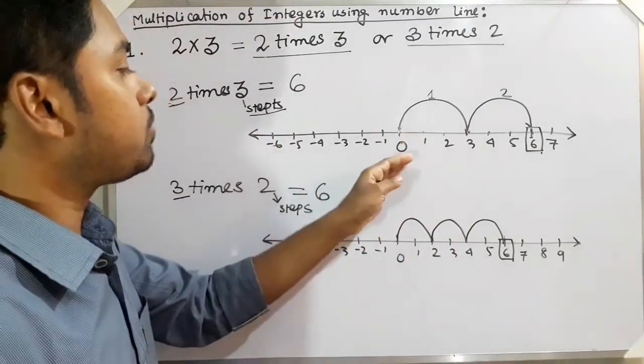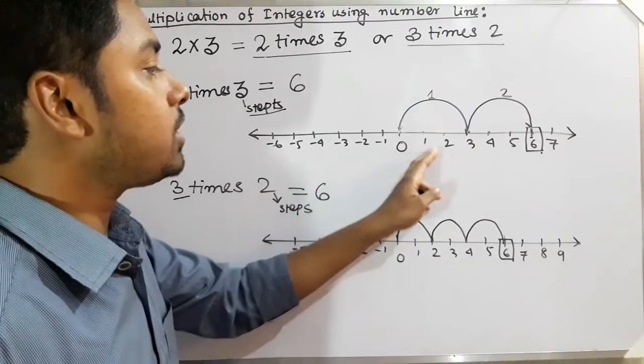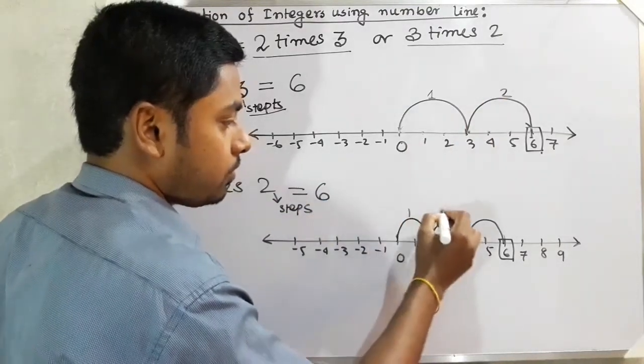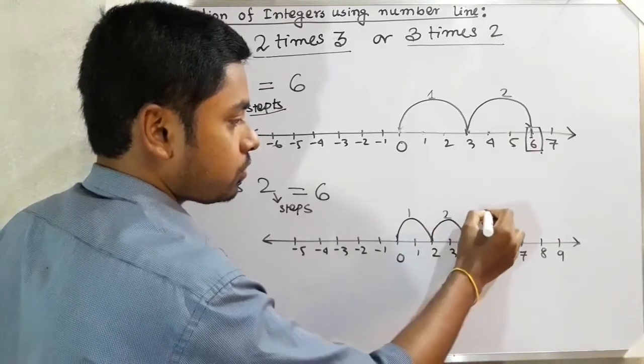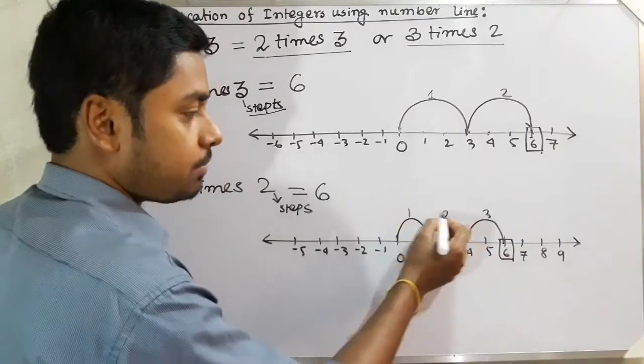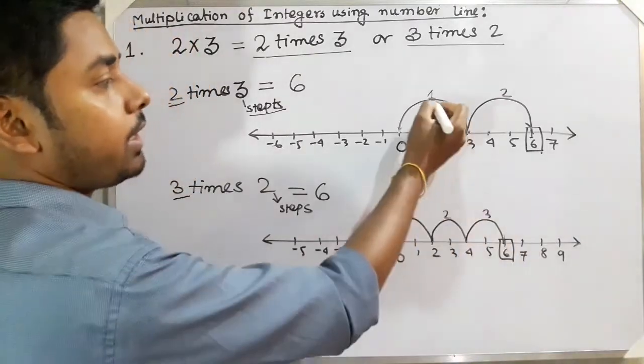We have represented 3 steps 2 times, and here 2 steps 3 times. First time, second time, 3 times.